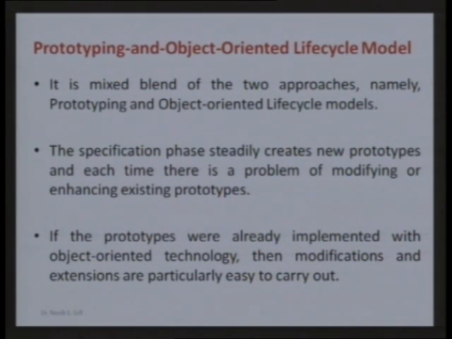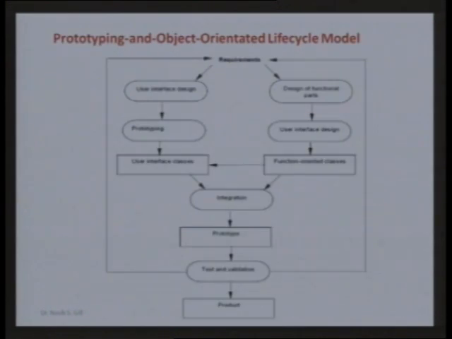That's why this mixed blend is sometimes called the prototyping and object oriented lifecycle model. So it means we are targeting the beauties of both models in one model. It means two in one model.